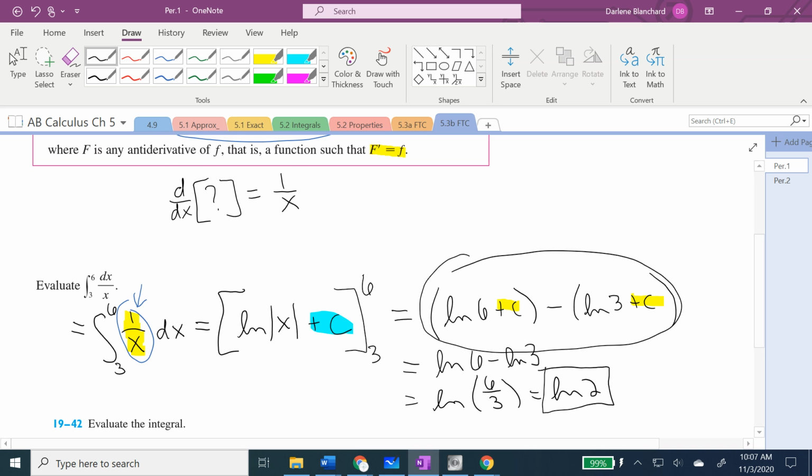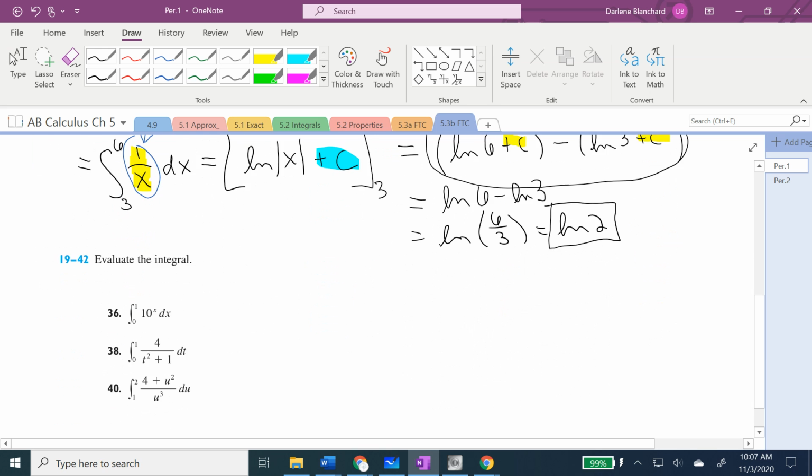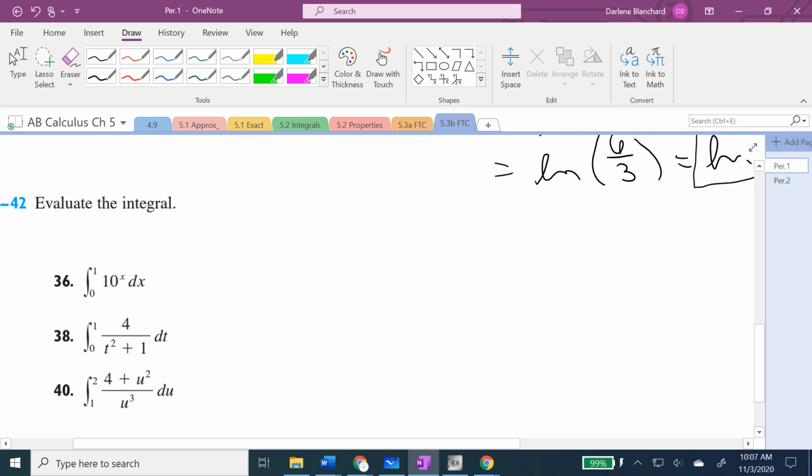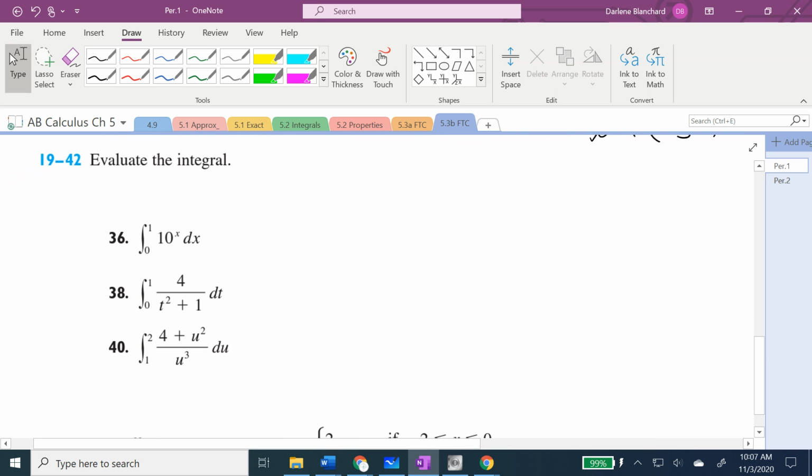Now, I've got a few problems that I think would be good to take a look at. In your homework today, you're going to be evaluating a lot of definite integrals. And you're going to have to remember all of those antiderivative formulas, which you're going to start just calling integration formulas.